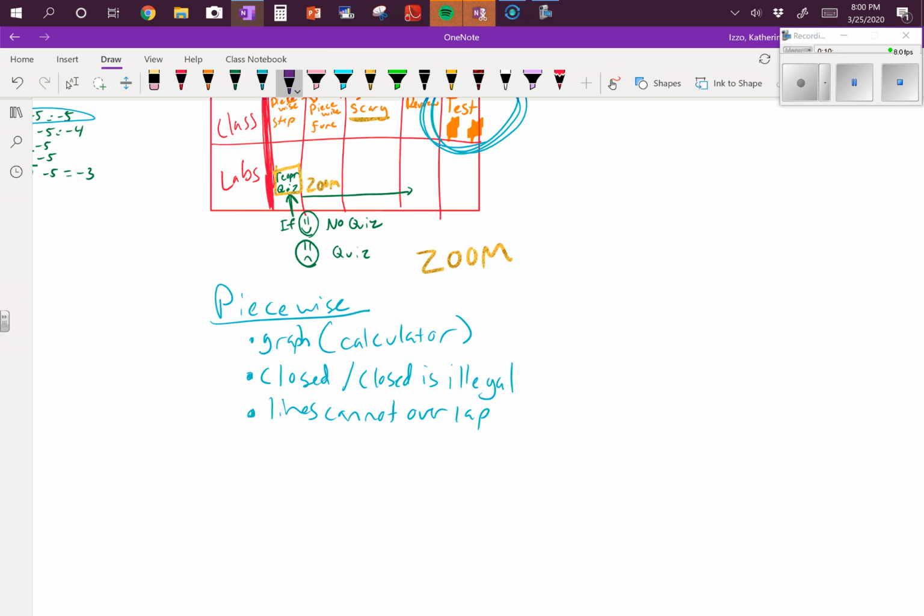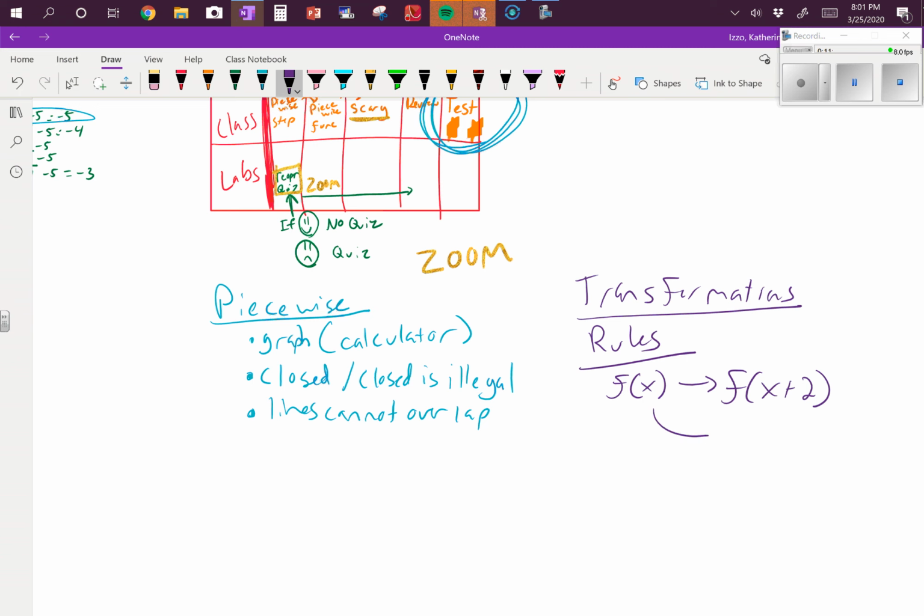It happens. All right. So of course you're going to need to know piecewise functions, but you're also going to need to know everything about transformations. You're going to need to know the rules of transformations. So when we've got f of x, and that translates to f of x plus 2, what does that mean?